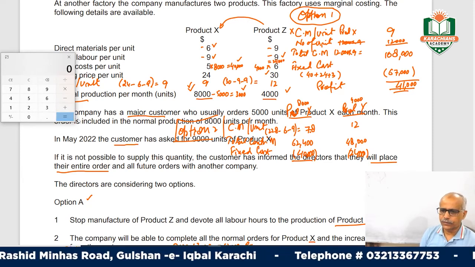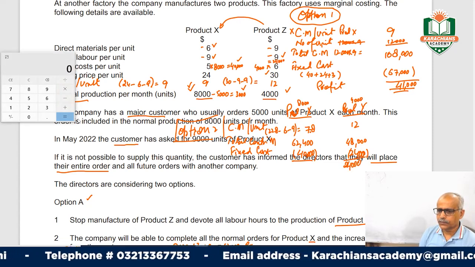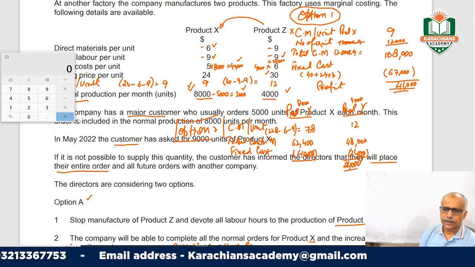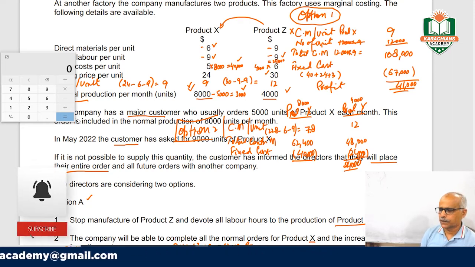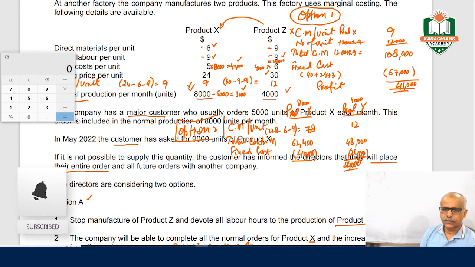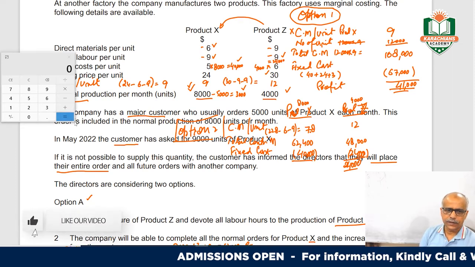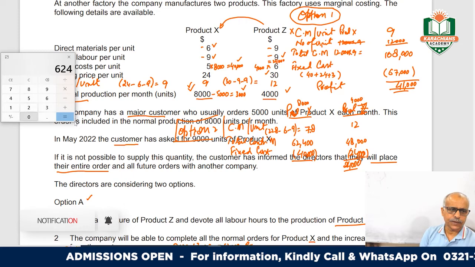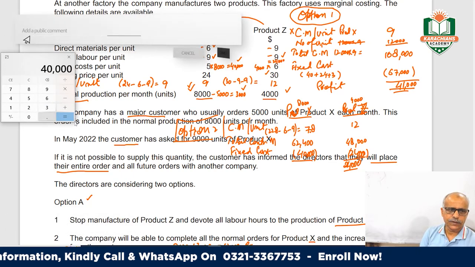So this is 24,000, right? On product Z, you will be earning 24,000. On product X, 62,400 minus 40,000 its fixed cost.